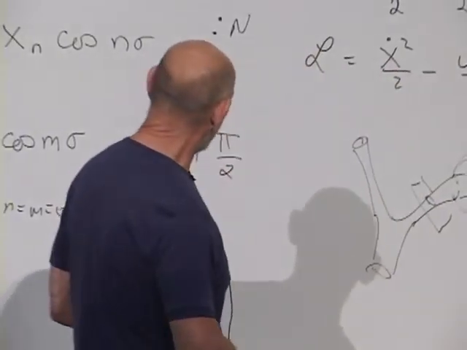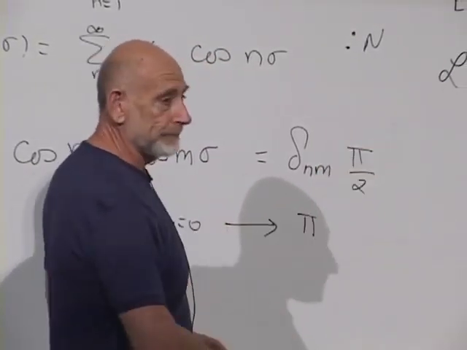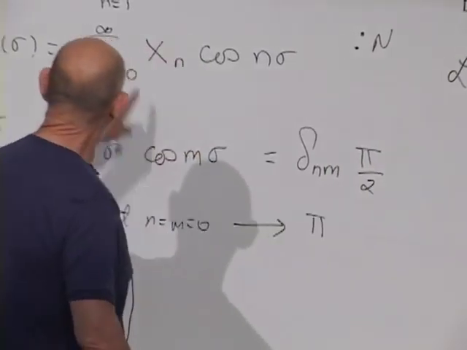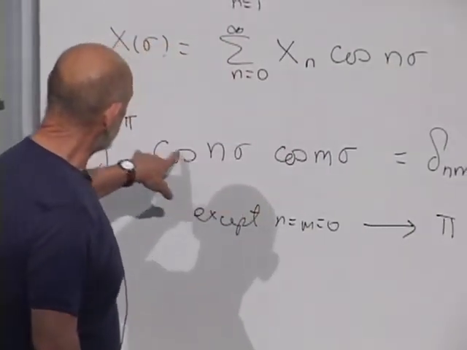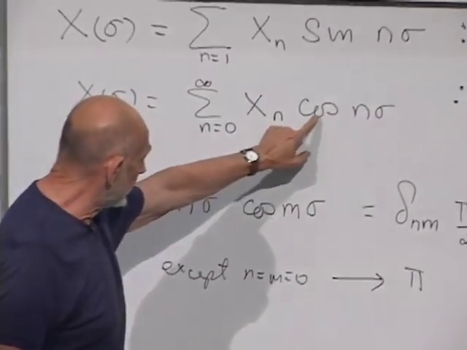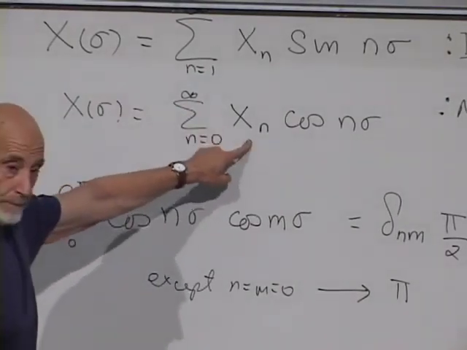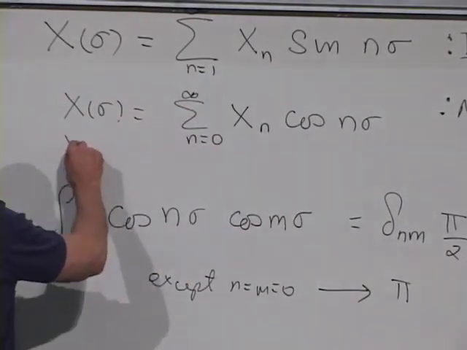What can we do to make a concrete investigation of this? We can Fourier analyze x. Neumann boundary conditions mean cosines, and so we write x of sigma in this form, also y of sigma.